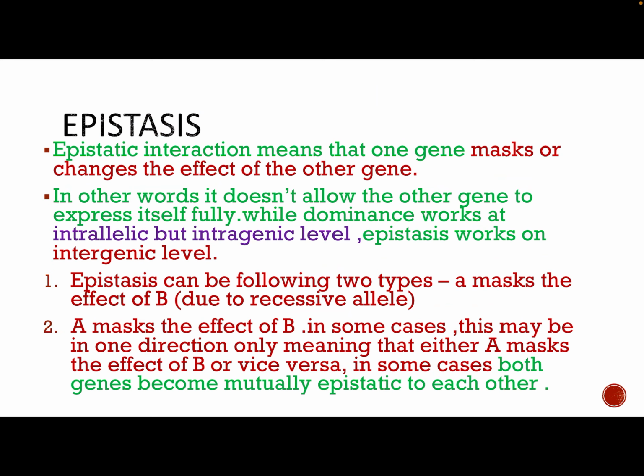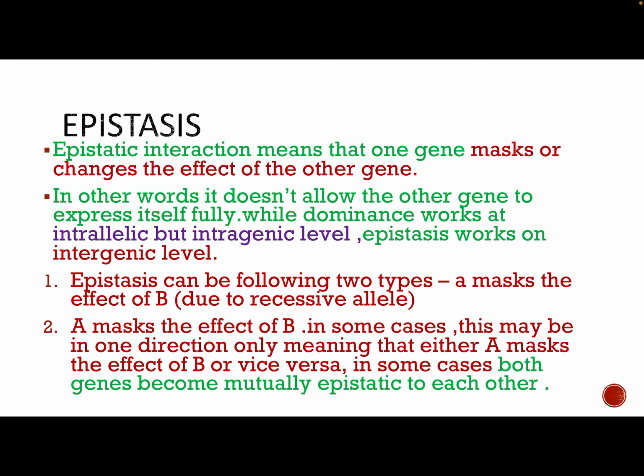If it would not mask the effect of the gene, then the new phenotype will not appear. But here by masking, one gene is masking the other gene, and the new phenotype is appearing. That is called epistasis. In other words, it doesn't allow the other gene to express itself fully.